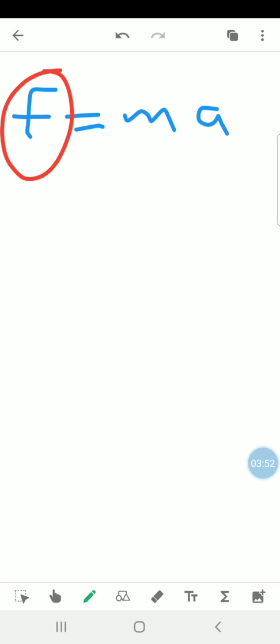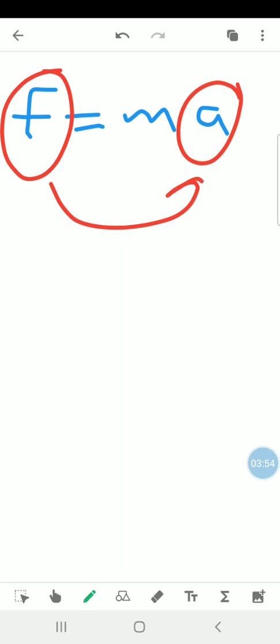So this connection you need to remember. This is the reason why circular motion has change in direction. Circular motion has acceleration.